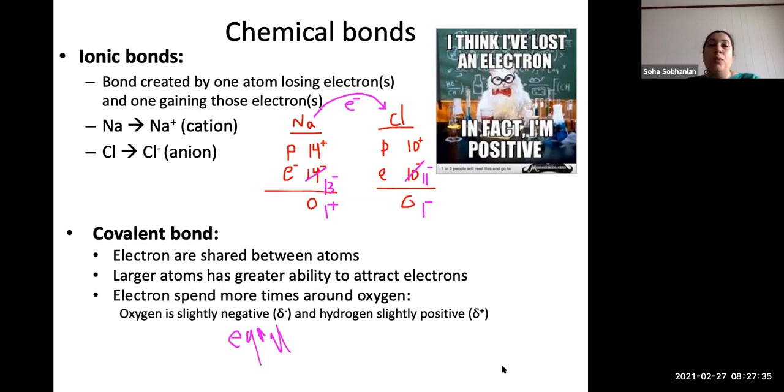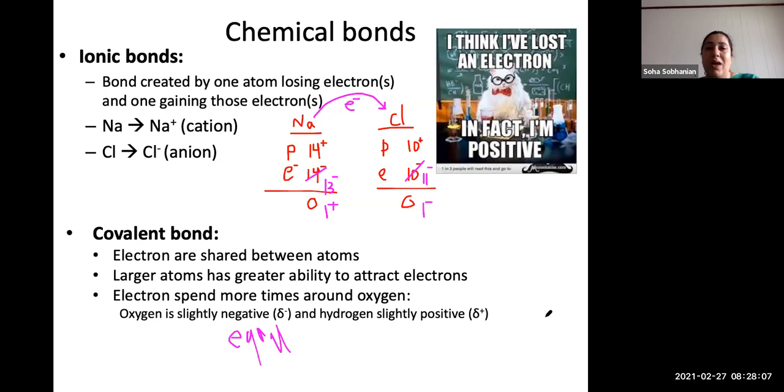The reason it's called polar is because you have charges which are either slightly negative or slightly positive. So poles, like the poles on a battery, positive and negative, but it's a partial charge, slightly negative or slightly positive. When you have equal sharing, neither of them is going to be positive nor negative, so they're considered non-polar.